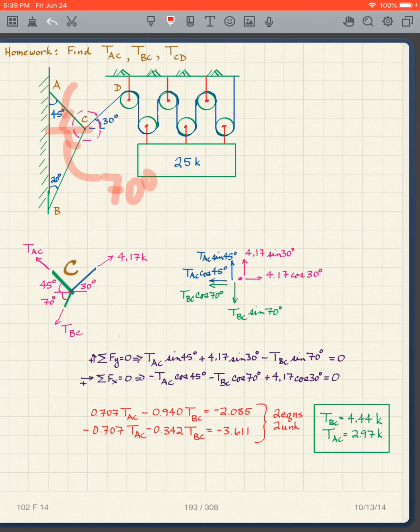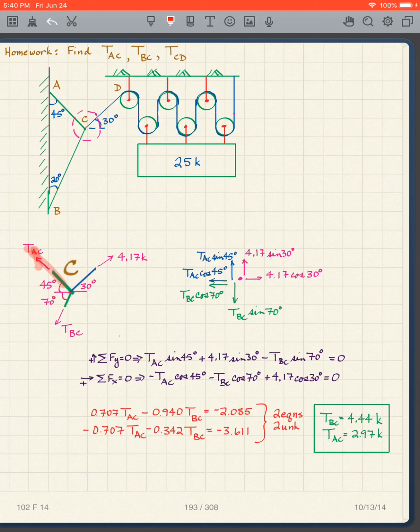That angle there is 45 degrees. And again, I get this free body diagram here. So 30 degrees, 70 degrees, 45 degrees. Now everything's with respect to the x-axis, so I can use my sine and cosine.